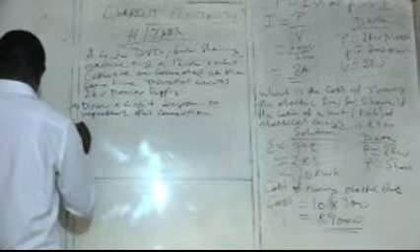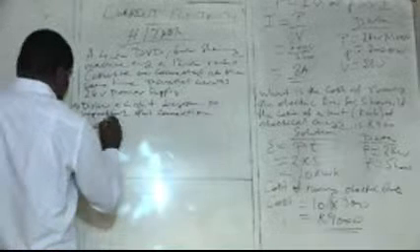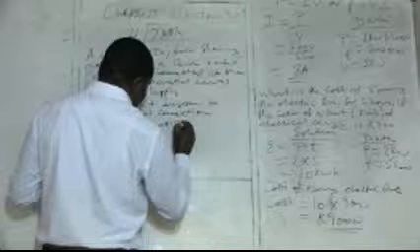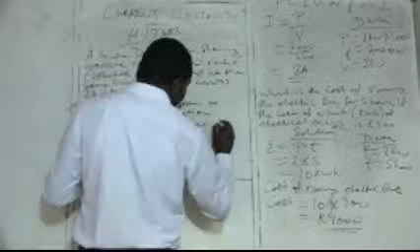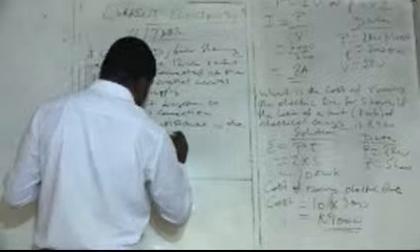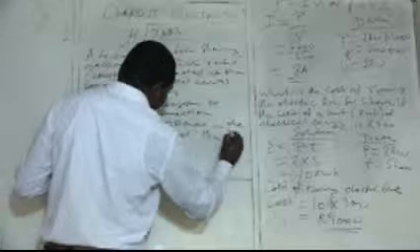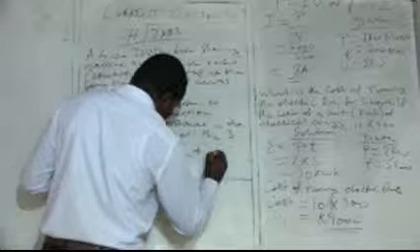And B, find the total resistance in the circuit offered by all the three appliances. And my last part here is to calculate the current in each appliance.